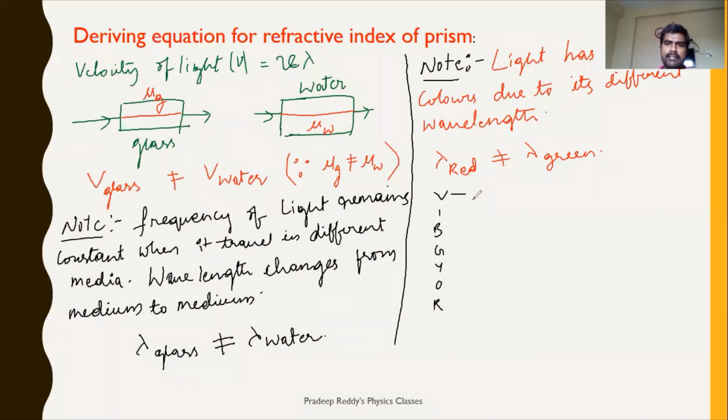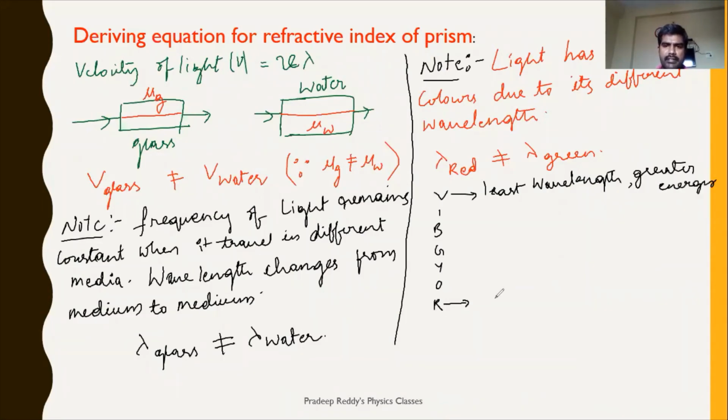Now violet has least wavelength and greater frequency, and it has greater energy.